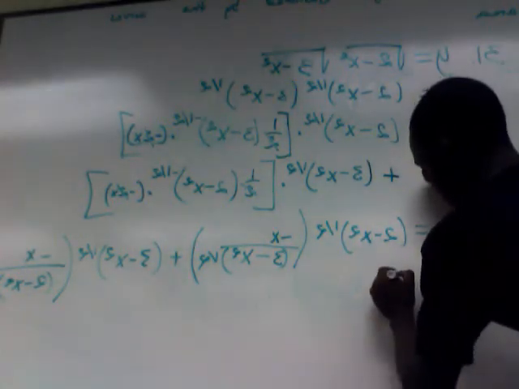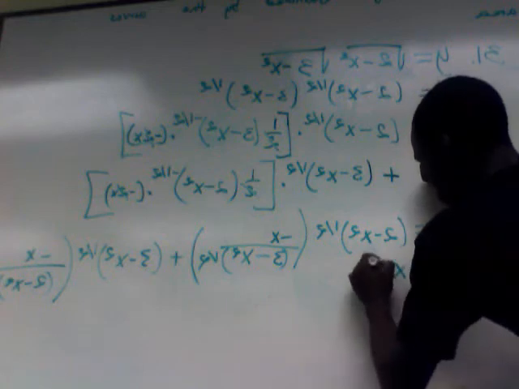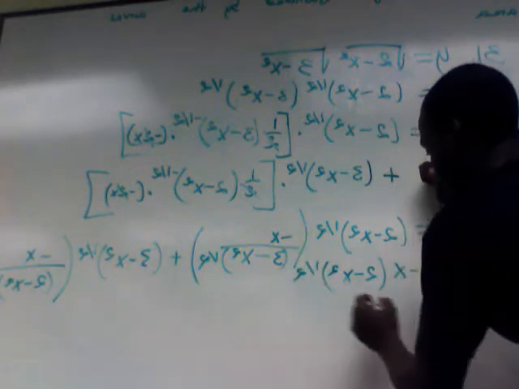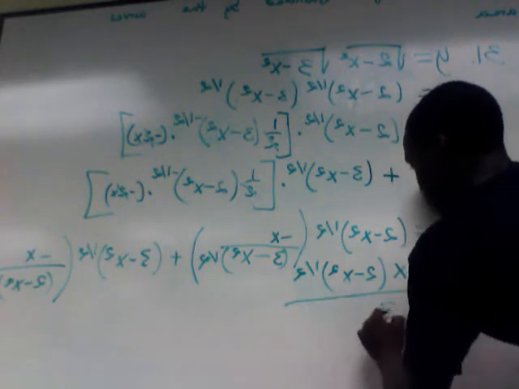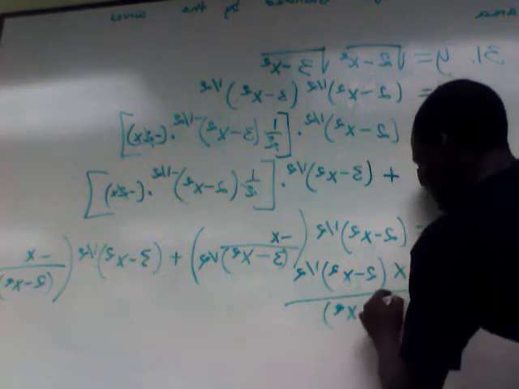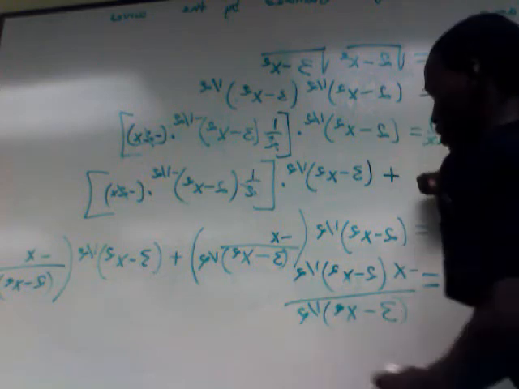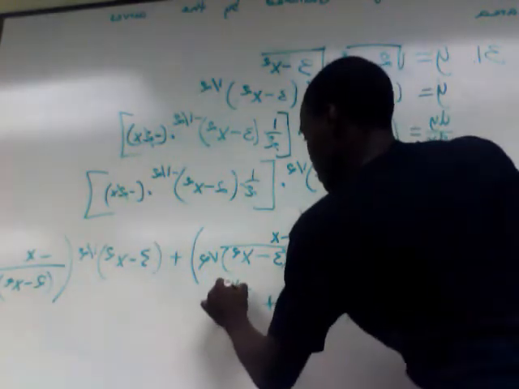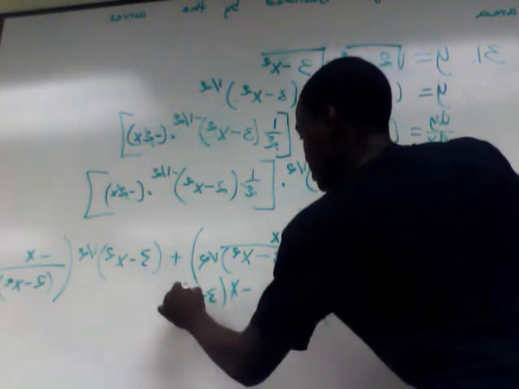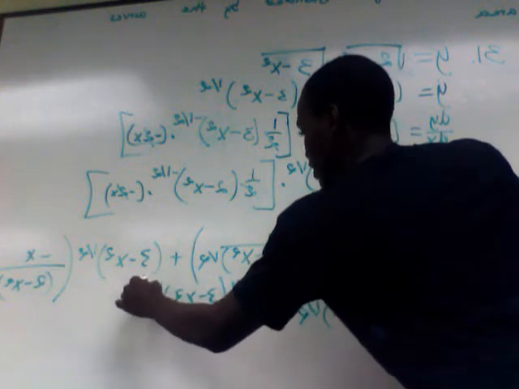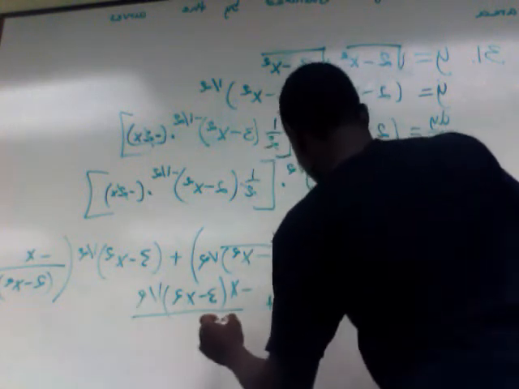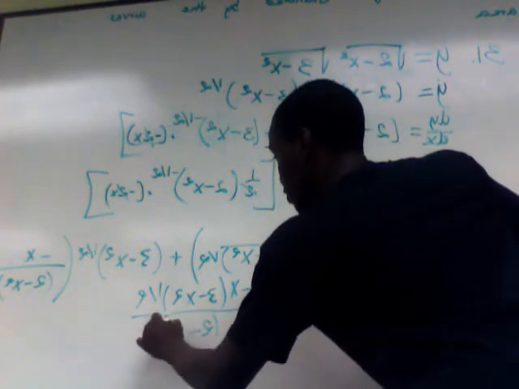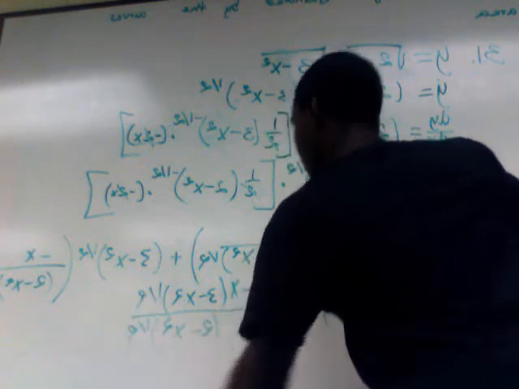So we get negative x times 2 minus x squared raised to the 1/2 over 3 minus x squared raised to the 1/2 power plus negative x times 3 minus x squared raised to the 1/2 divided by 2 minus x squared raised to the 1/2 power.